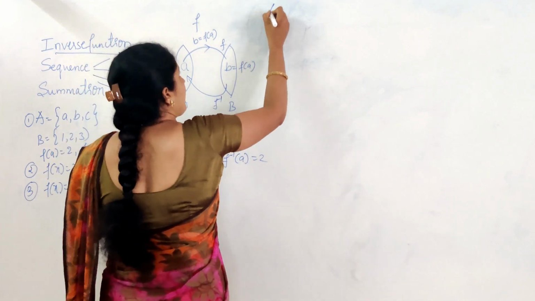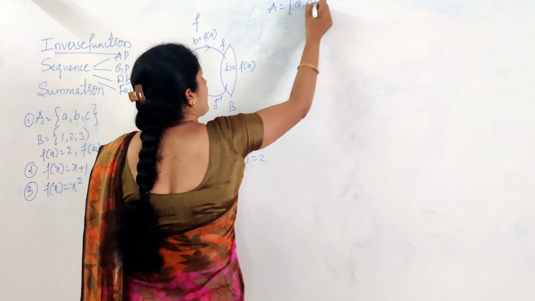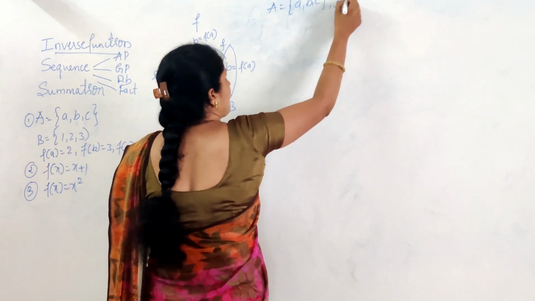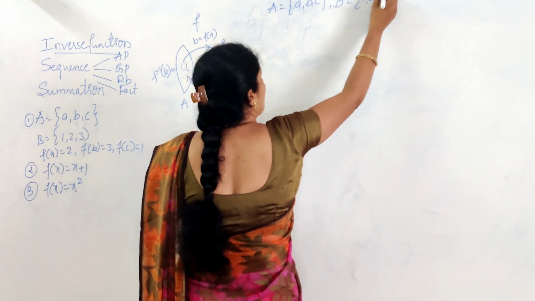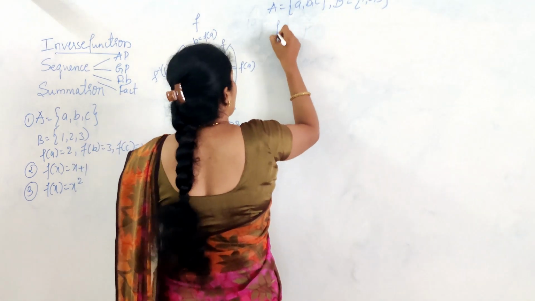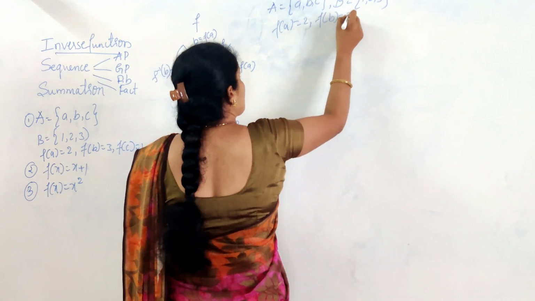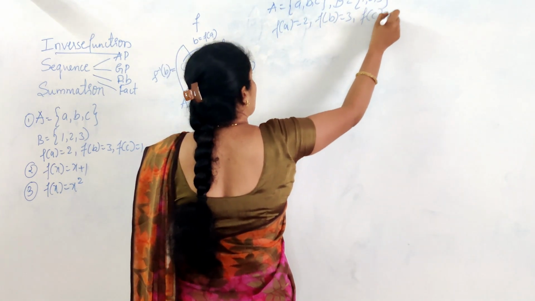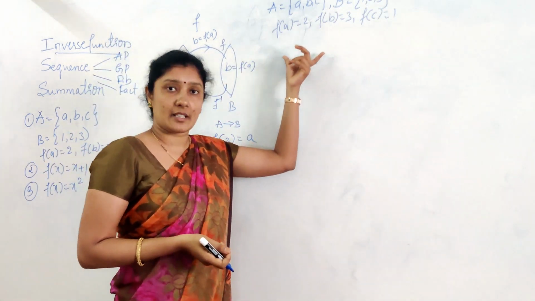See here, set A is equal to {a, b, c} and set B is equal to {1, 2, 3}, such that f of a is 2, f of b is 3 and f of c is 1. So this is the set given here.